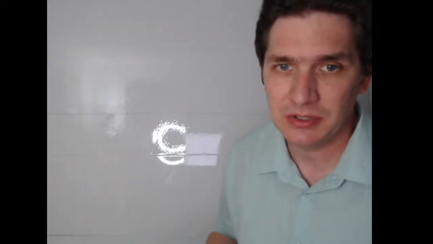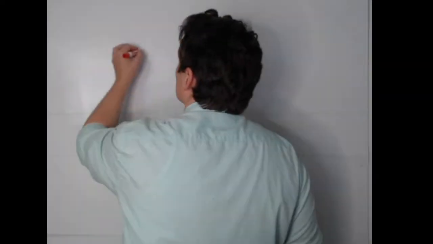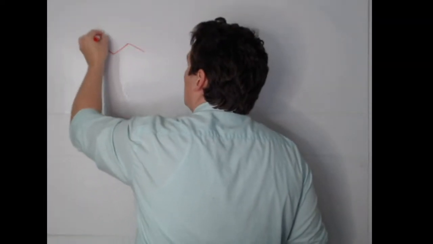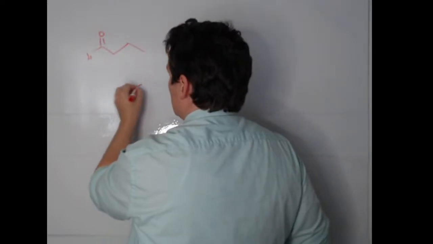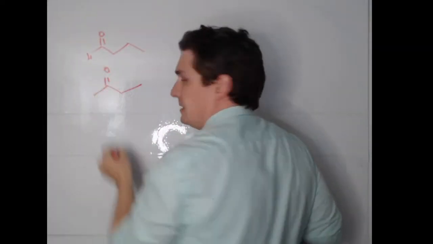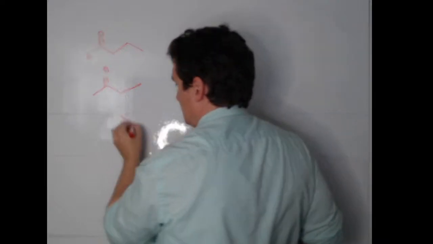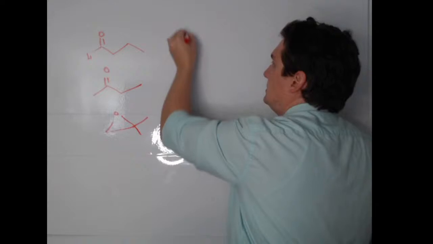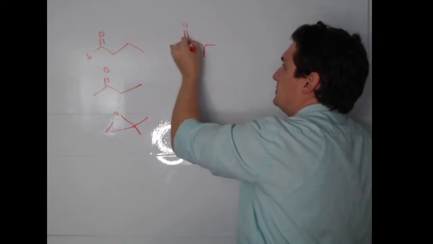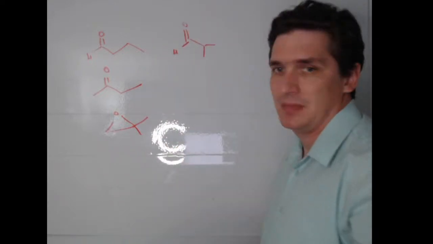So let's start by identifying compound C. You're reacting with the Grignard, so you're going to need something that would react with the Grignard. The alcohols are not candidates here. What they tend to do is deprotonate in the presence of Grignards. So we've got this, this, this, and this one here.